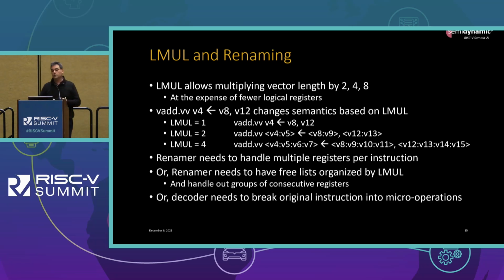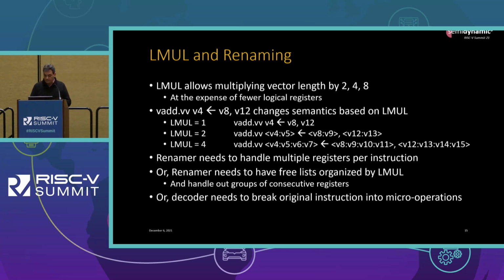Or you could also decide to go back 35 years, which is totally fine, and break the operation into micro operations, and instead of dealing with this thing as a big monster, break it into little pieces and deal with each piece one by one. So that's another complication you'll find in your renamer: you'll have to choose one of these, or maybe a more clever one of the three I mentioned.